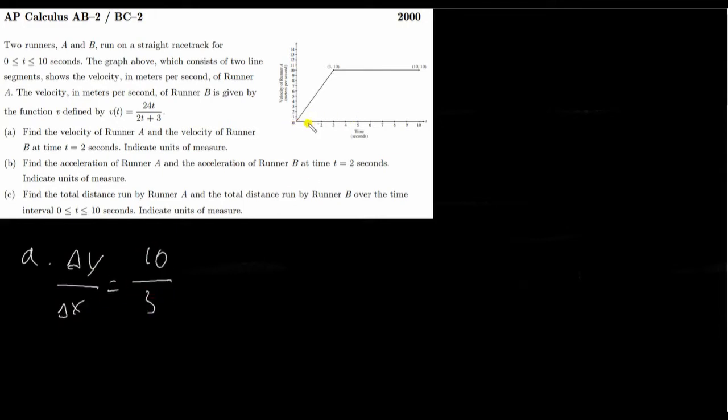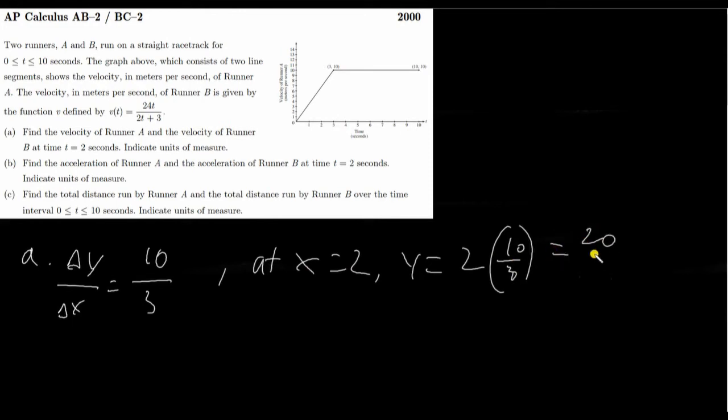So every time I go over by 1, I'll go up by 10 thirds. So if I go over by 2, I'll go up by 20 thirds. Therefore, at t equals 2, y is equal to 2 times 10 thirds, which is 20 thirds.